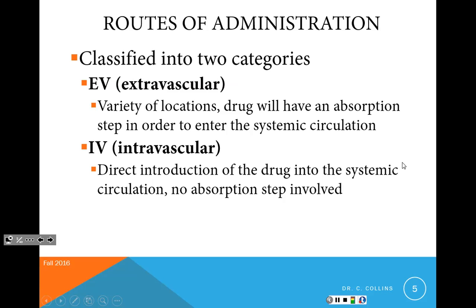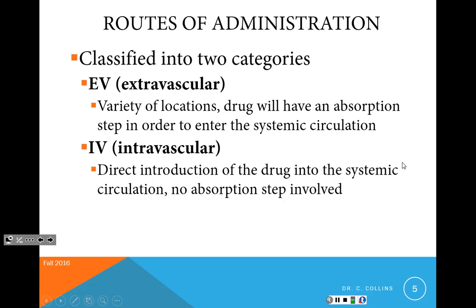Route of administration. How do you give a drug? And I'm not talking about tablets, capsules, solutions. That's not route. That's drug delivery systems. The route can be classified as two types: extravascular or intravascular. Intravascular is you introduce it directly into the bloodstream.